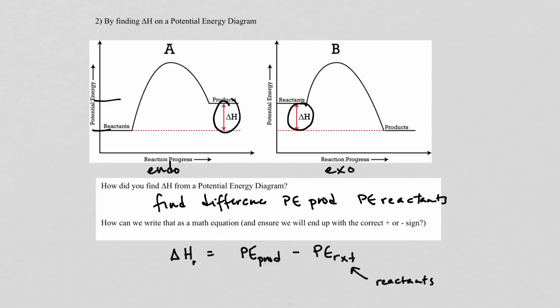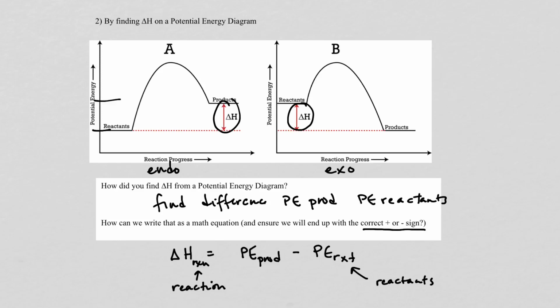And the delta H for the reaction, RXN, is reaction. Those are just silly little chemistry abbreviations. If you always start with the products and you subtract the reactants, you're always going to get the correct positive or negative sign. That will reflect your exothermic or endothermic reaction.